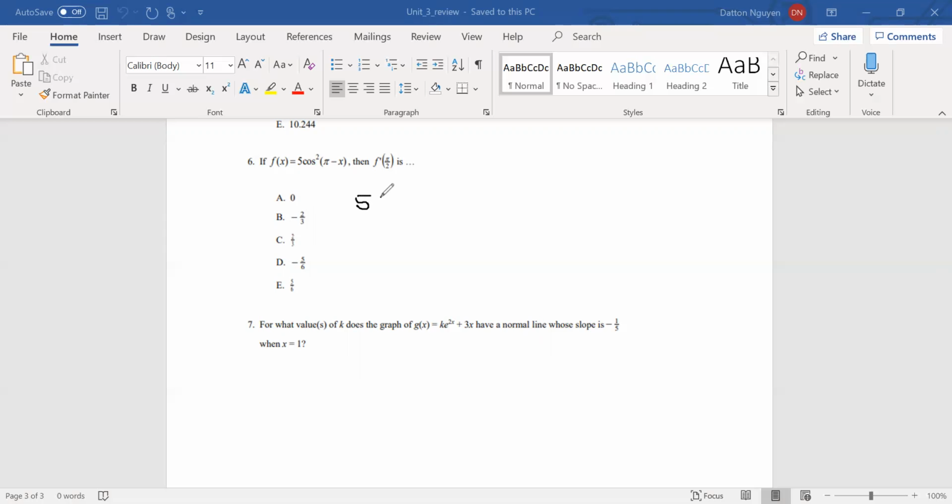Oh, you want to see the chain rule? Yes. Okay. So 5 cosine squared of pi minus x. I'm going to work just a little bit of this out.